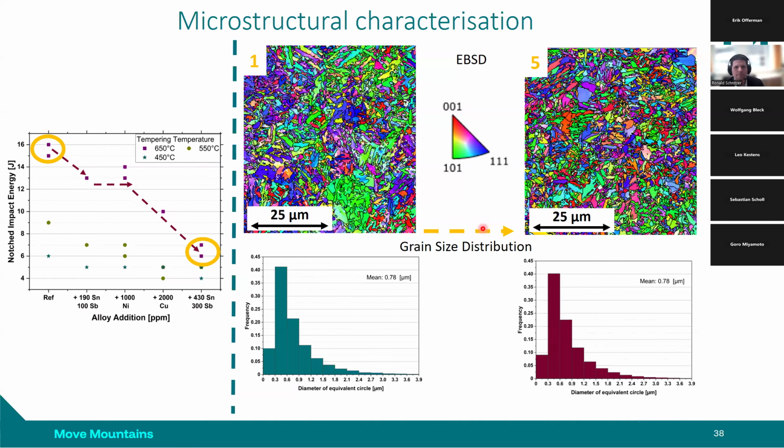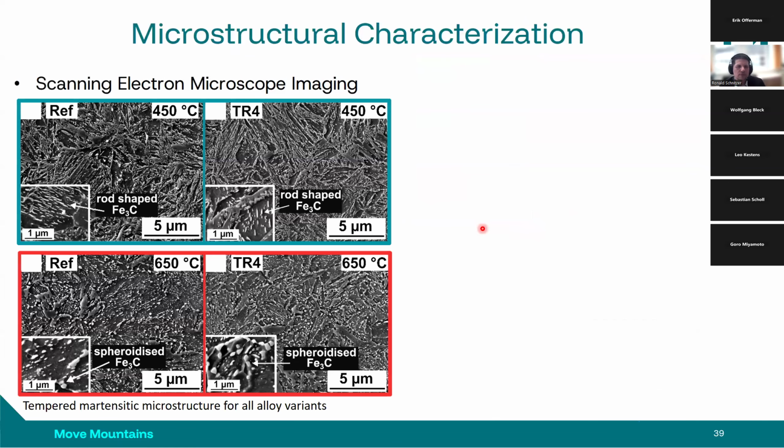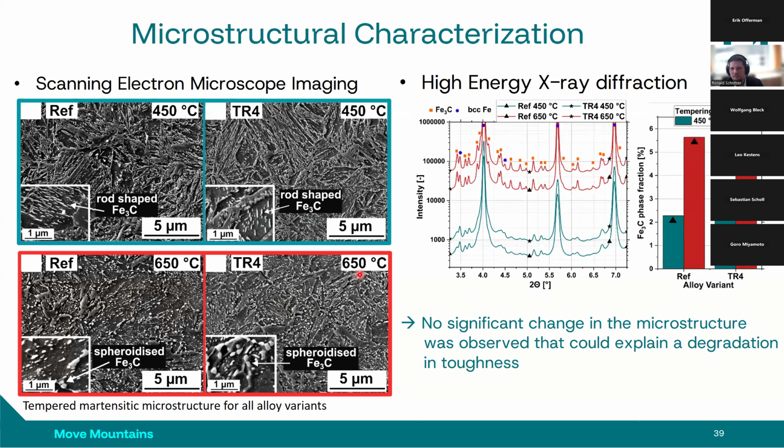Also, we performed scanning electron microscope imaging. That means we had a closer look at the carbides that form during tempering. Here it's cementite, ferritized cementite at 650 degrees C. Again, high energy X-ray diffraction was performed here using synchrotron radiation.